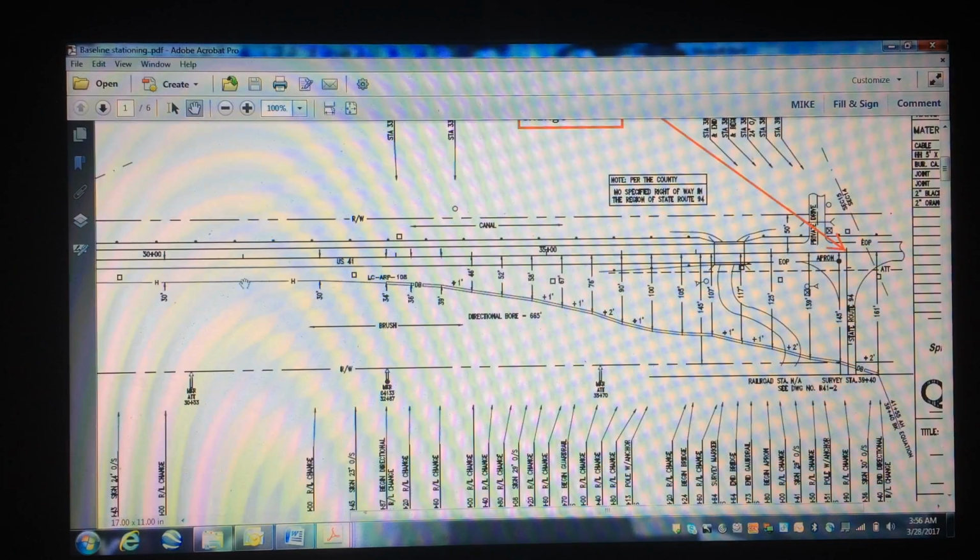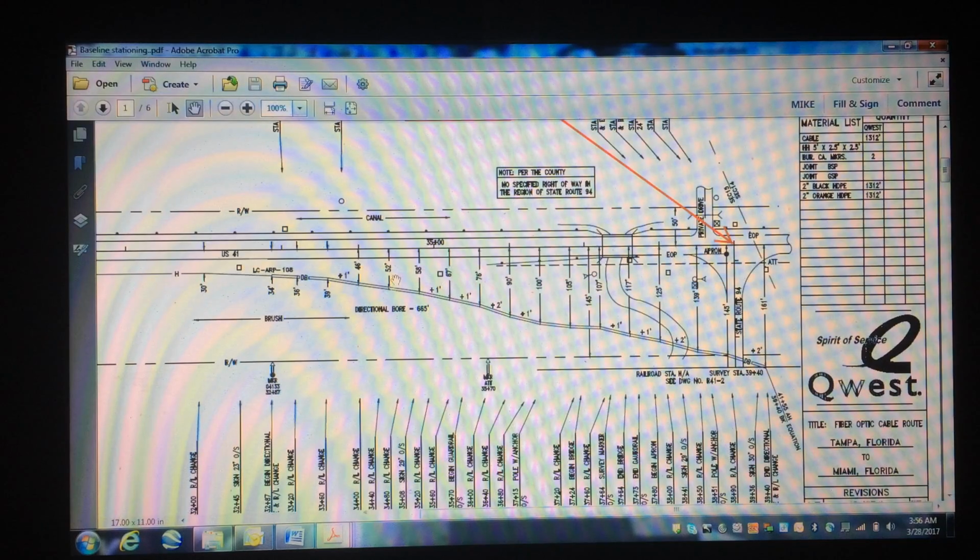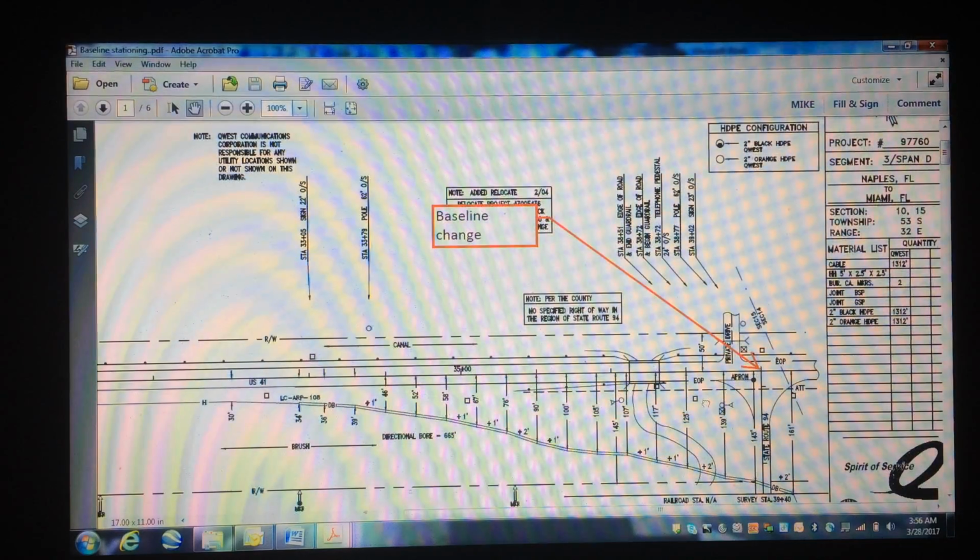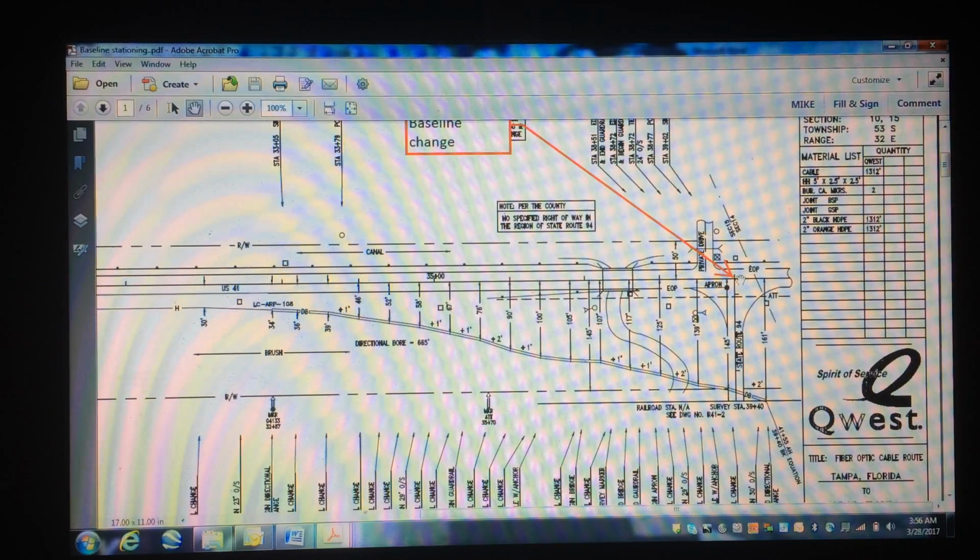Now they stationed this off. They used the center line of this road and they used the center line of this road. So there's going to be an equation there at the baseline change.